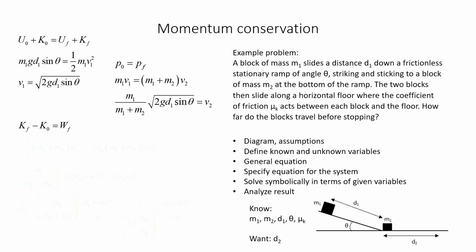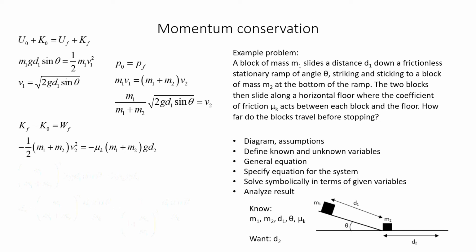Now I can do a work-kinetic energy theorem approach for the blocks sliding along. I have the change in their kinetic energy equals the work done by friction. The change in their kinetic energy, since their final kinetic energy is 0, their final velocity is 0, is minus 1/2 (m1 plus m2) v2 squared.